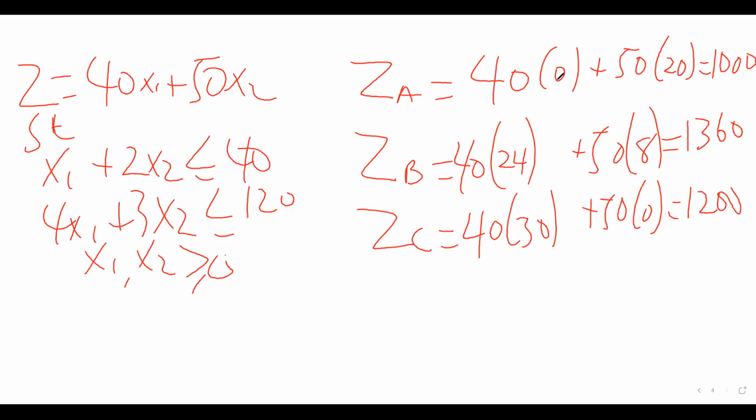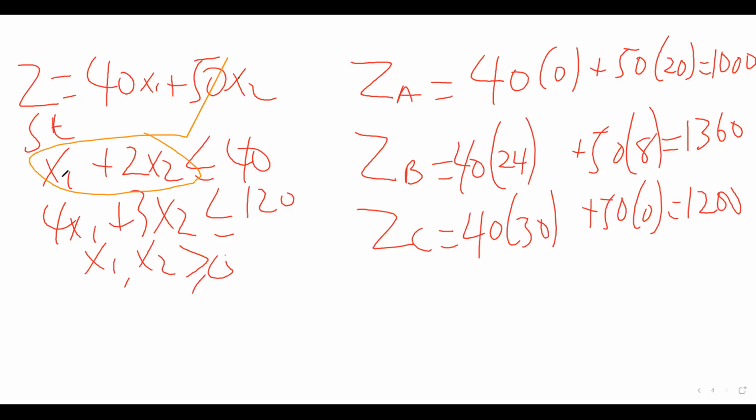What are the coordinates? They are 0 and 20. Now look at the labor constraint. This is the labor constraint. So I'm going to substitute these values into the labor constraint as well as the milk constraint. What happens? Well, x1, if you look at it, it says x1.